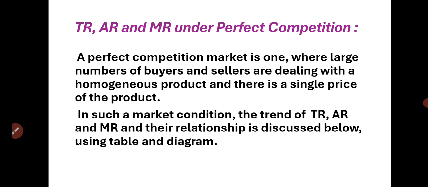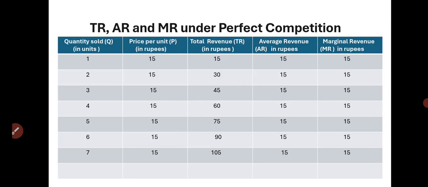In such a market condition, the trend of TR, AR and MR and their relationship is discussed by using the given table. You see here in this table, TR, AR and MR under perfect competition.